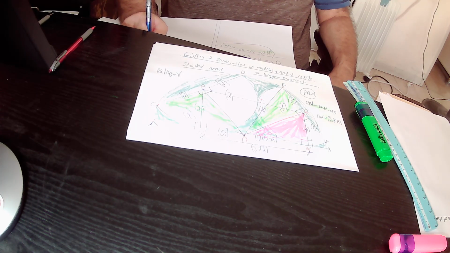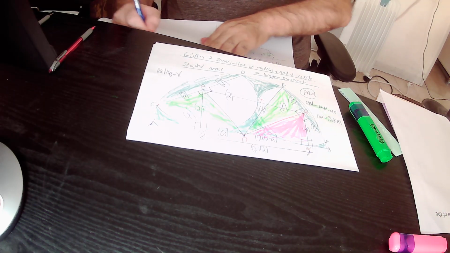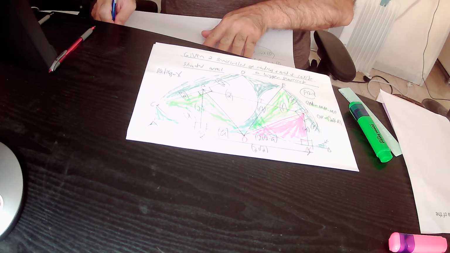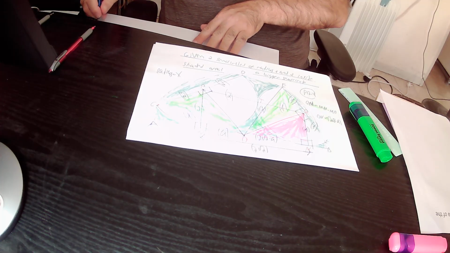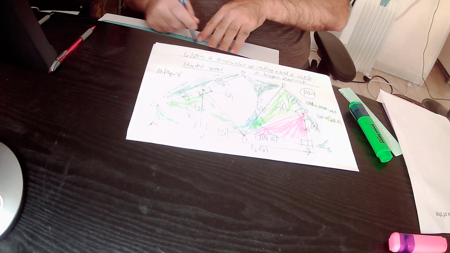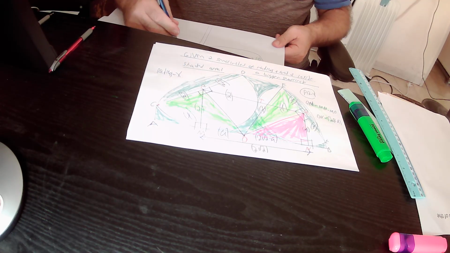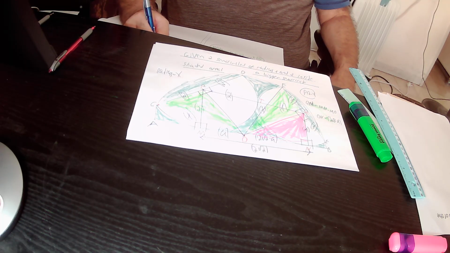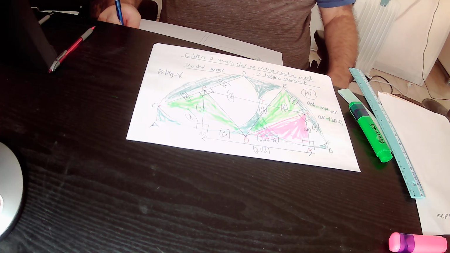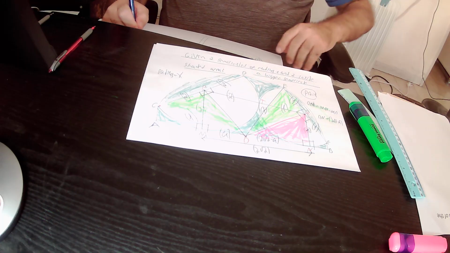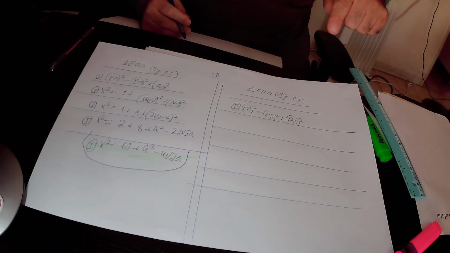Here PT is the version of Pythagoras theorem. So in this green right triangle CPO, CO squared, that is the square of the hypotenuse, equals CP squared plus PO squared.